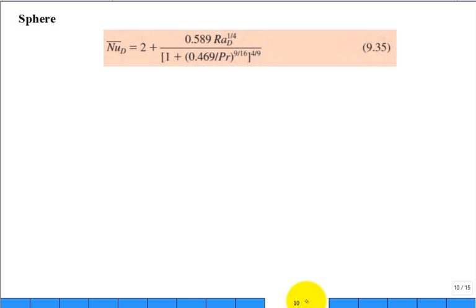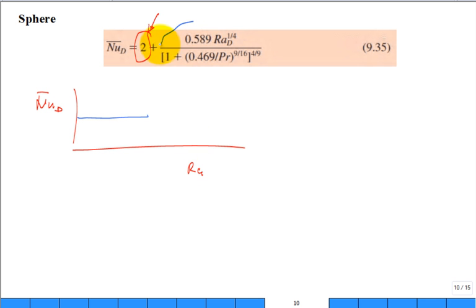Well, let's take a look again at this sphere equation, and there's this interesting factor of 2 sitting out there. If you plot the average Nusselt number as a function of the Rayleigh number, for low Rayleigh number, guess what? This part of the contribution is much smaller than 2, and so it's flat.